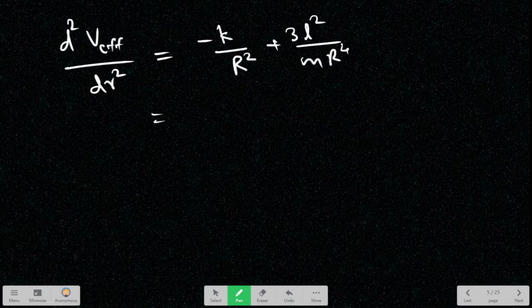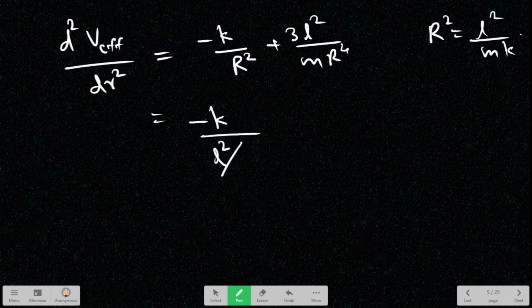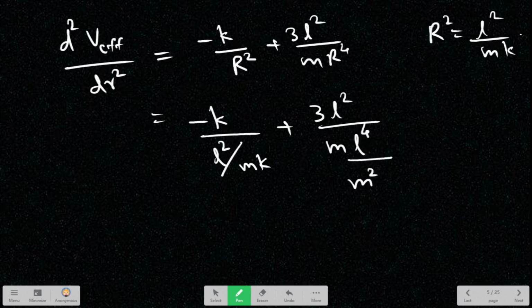When you substitute r square is equal to L square by mk, so minus k divided by L square by mk plus 3L square divided by m, r raised to 4 is L raised to 4 divided by m square k square.